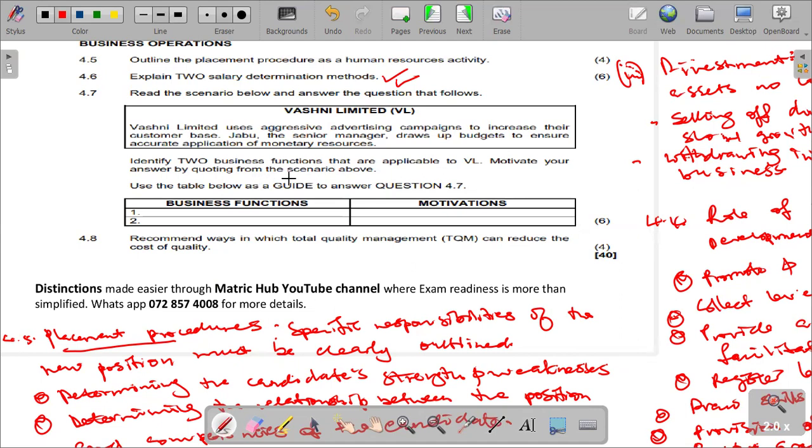Business functions that are applicable there. We are saying aggressive marketing, and then there is also the issue of the senior manager draws up budgets to ensure accurate application of monetary resources.